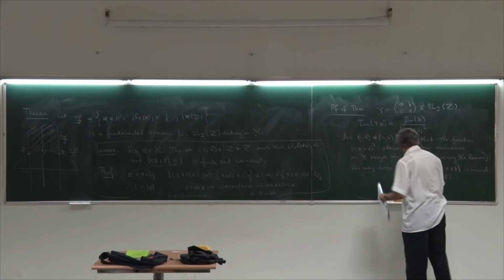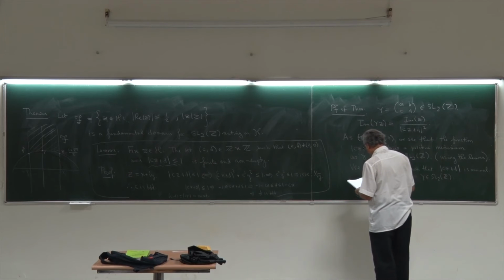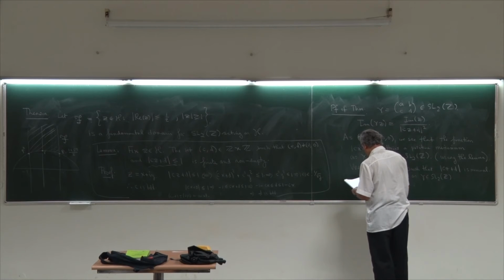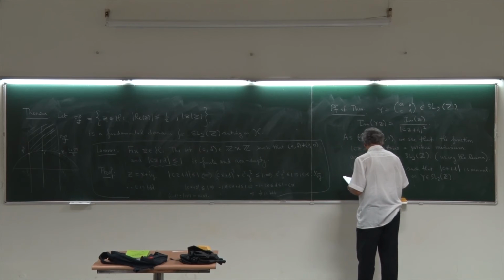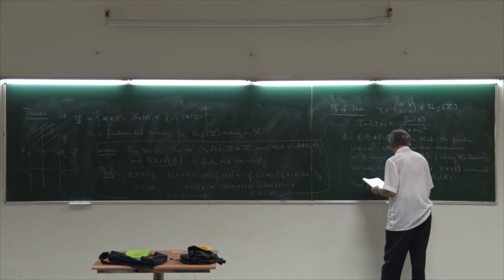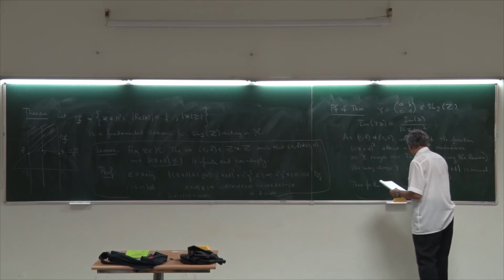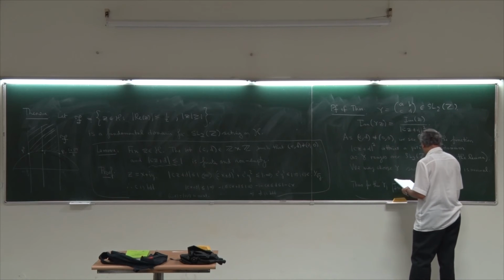Okay. So once I do that, there's a specific gamma, and for this gamma, the imaginary part of gamma z is maximal.